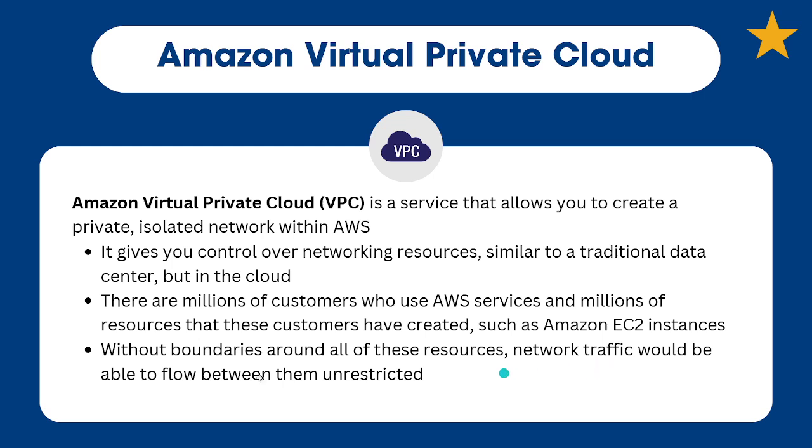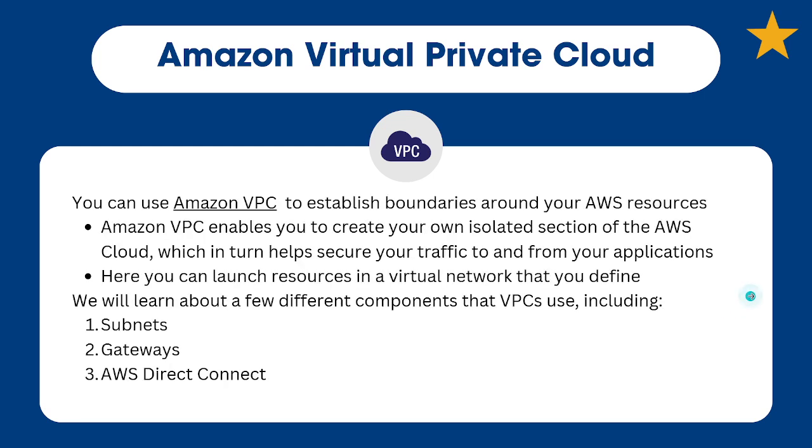Network traffic would be able to flow between them unrestricted if you didn't set up these boundaries. And that would be really bad, right? You don't want your customer data to be transferring to other AWS users. So you can use Amazon VPC to establish those boundaries around your AWS resources. Remember, virtual private cloud, you're getting a little piece of the cloud and making it your own.